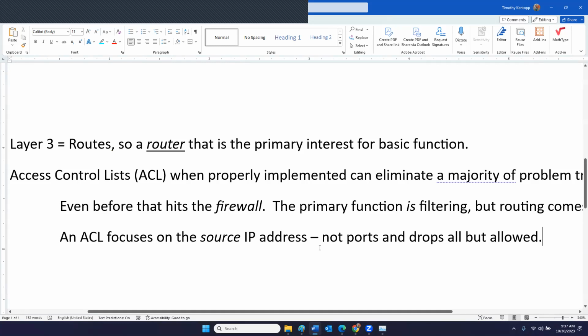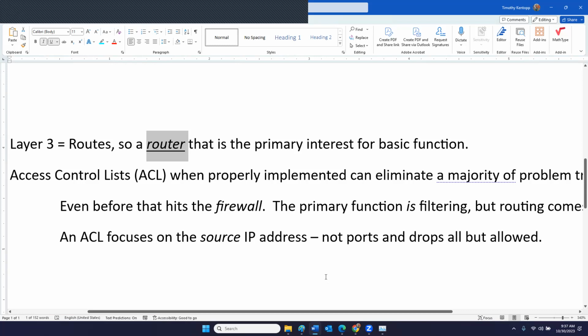Now that's an oversimplification, but basically you're going to define how packets are handled when they get to the router first, and that's the first piece of equipment. The router is still the first piece of equipment that connects you to the internet. And there's a security function in there that's just underutilized.